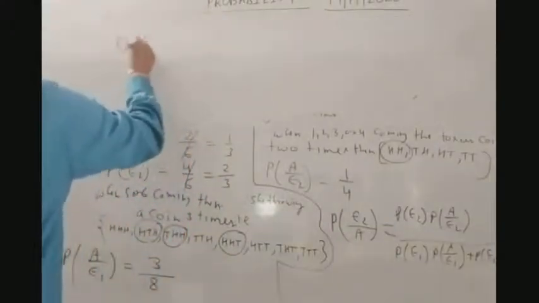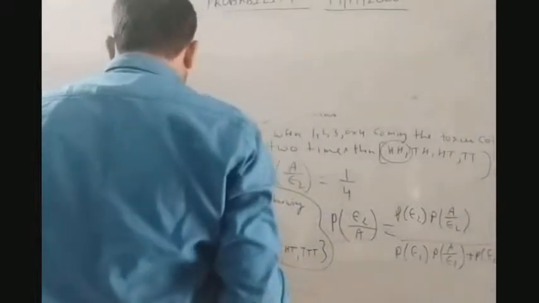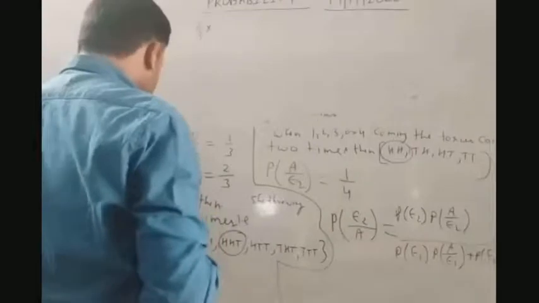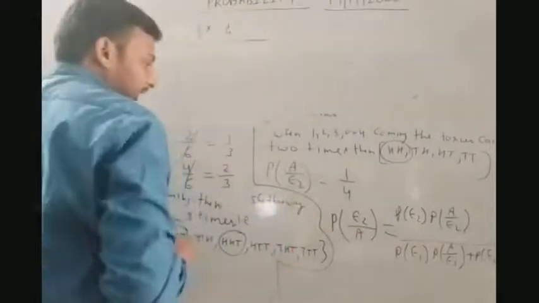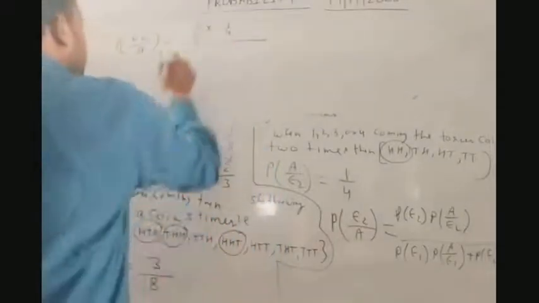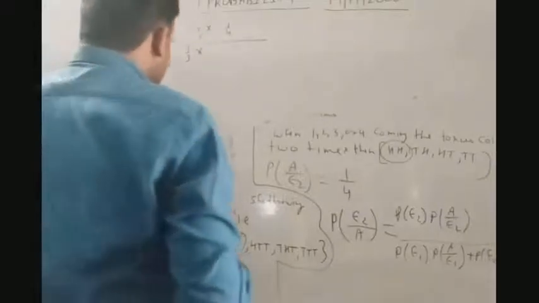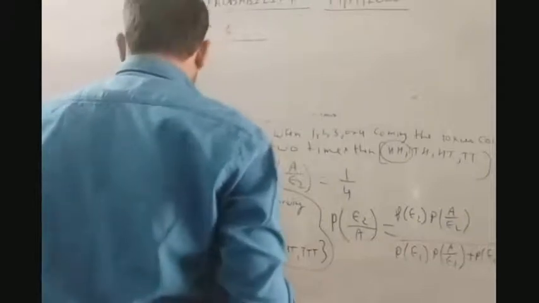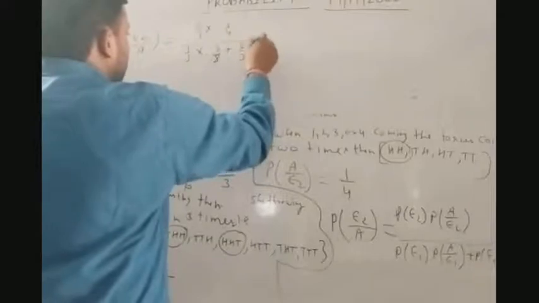The probability of E2 by A is equal to the probability of E2, which is 2 by 3, into A by E2, which is 1 by 4, divided by the probability of E1, 1 by 3, into the probability of A by E1, which is 3 by 8, plus 2 by 3 into 1 by 4.